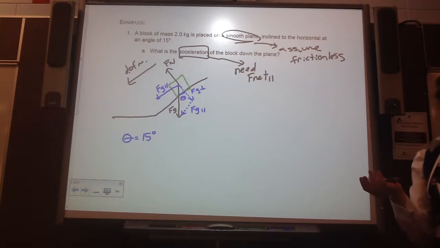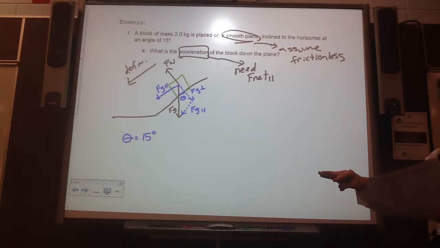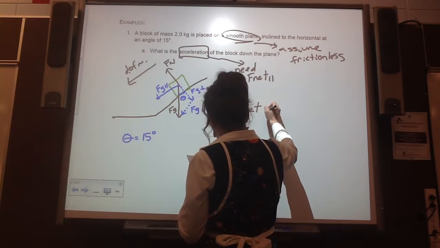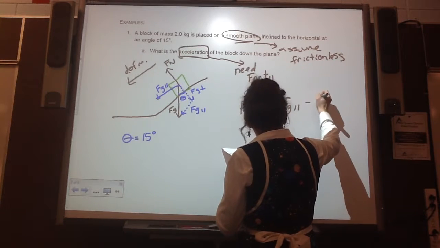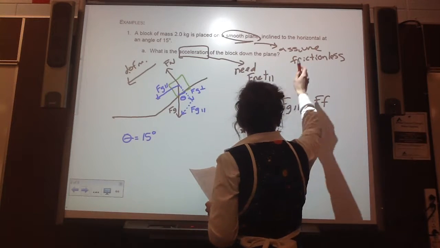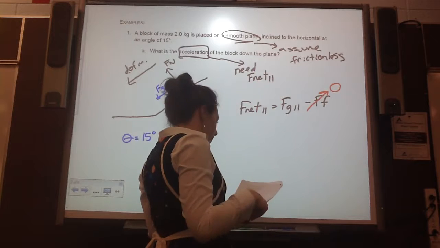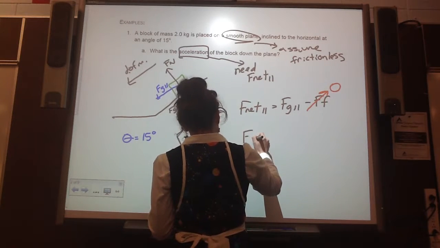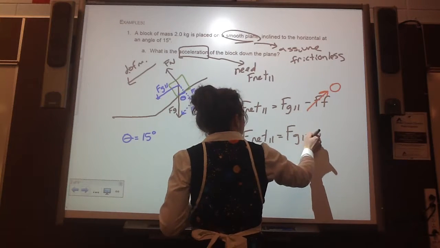So now I'm going to write out the formula we made for F net parallel. F net parallel is equal to Fg parallel minus Ff. Well, we said that this is frictionless, so Ff is 0 in this problem. So then I can say that F net parallel is equal to Fg parallel.